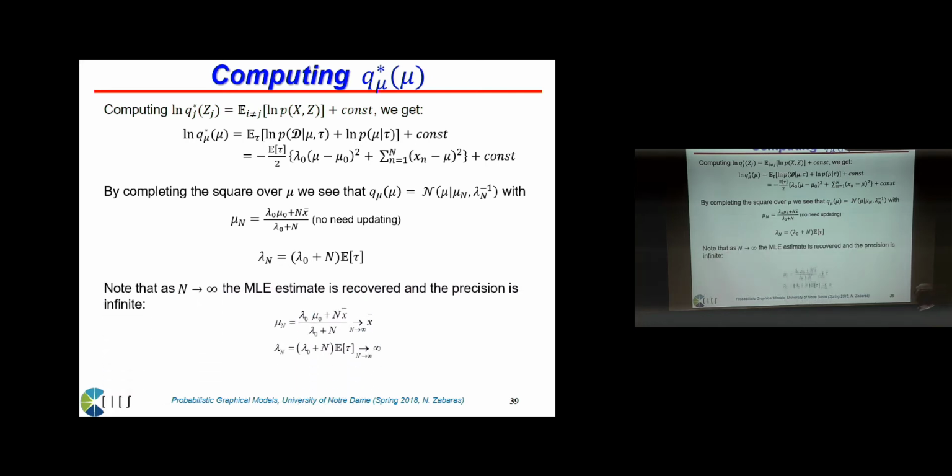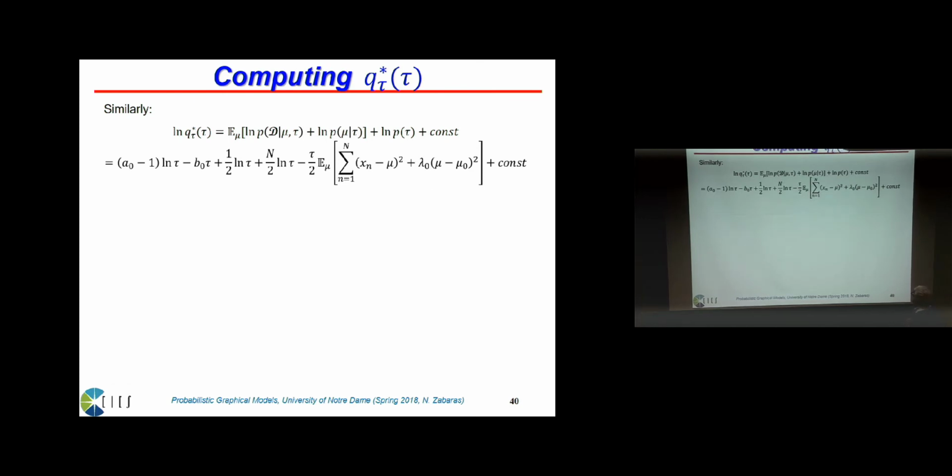So similarly, let's do tau. Again, we have to take expectation with respect to all the other variables, which here is mu, of the likelihood, the prior of mu given tau, and the prior of tau now has to be included because we're interested in the distribution of tau.